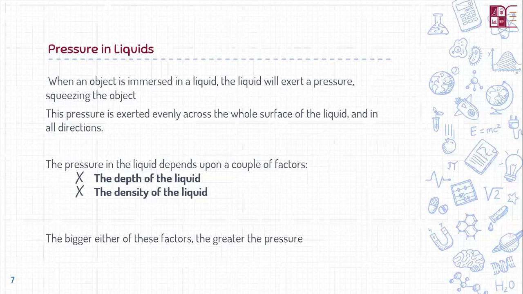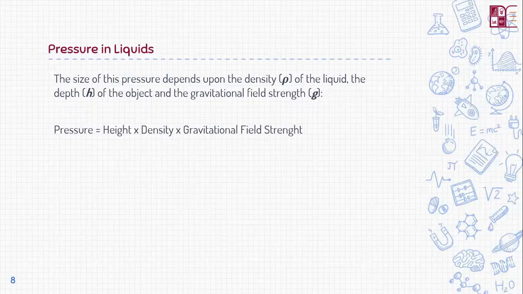Like we understood, there are two factors: depth and density. The size of this pressure depends upon the density of the liquid, the depth h of the object, and the gravitational field strength. The gravitational field strength, as we know, is 9.8 or 10, according to whatever the question states. Pressure equals height times density times gravitational field strength.